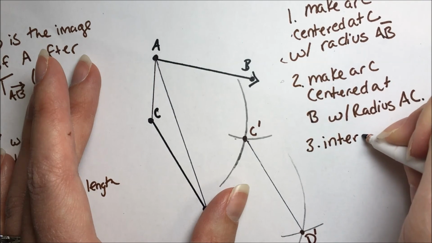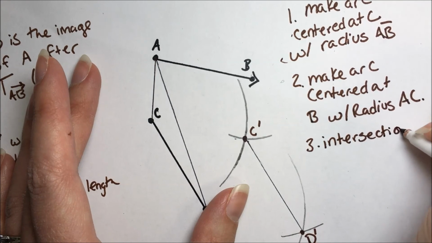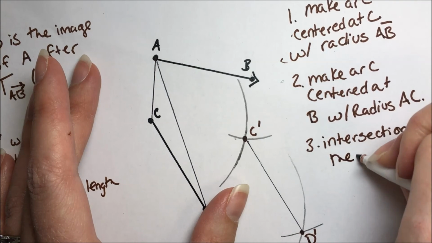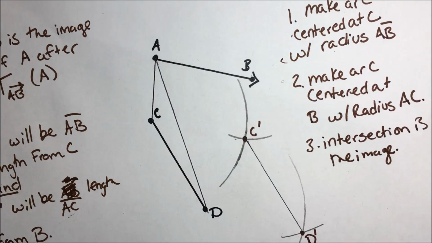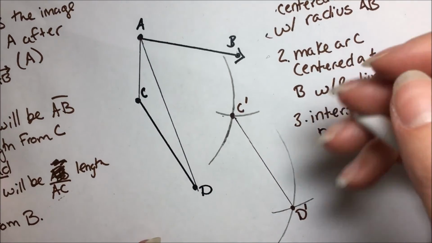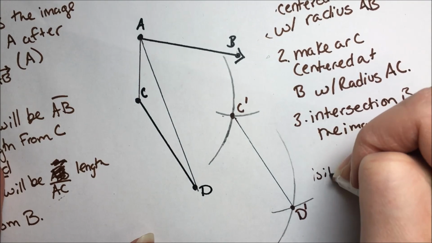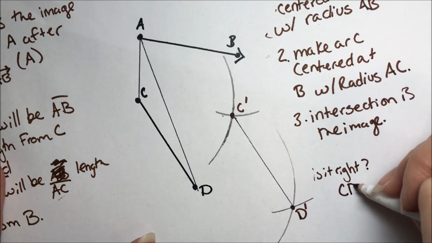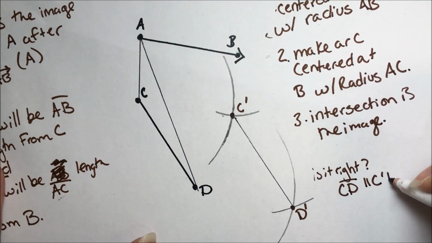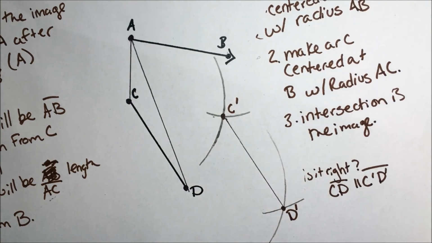The intersection is the image. And you know you've done it right if CD is parallel to C prime D prime. Which it is.